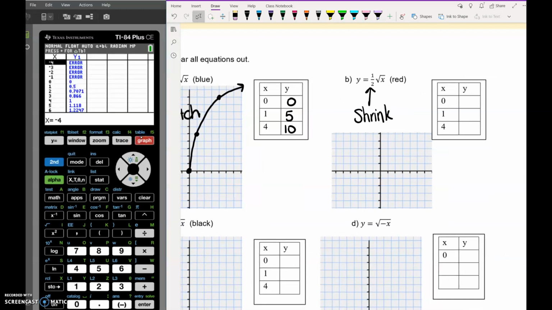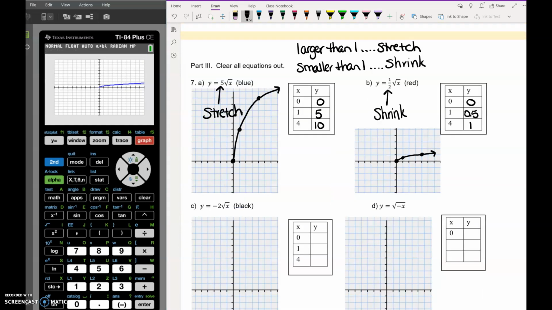The points are 0, 0, 1, 0.5, and 4, 1. So it's a very, very small, smushed graph. So you may want to add this thing to your notes. Technically, that's addressed in the questions below, but it might be helpful to have it written there with your notes.